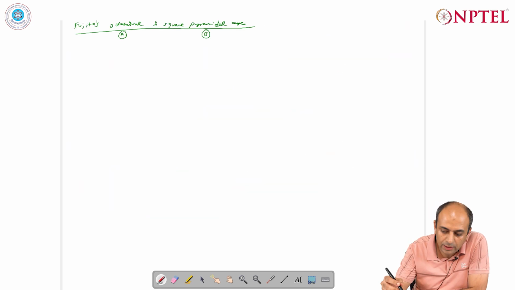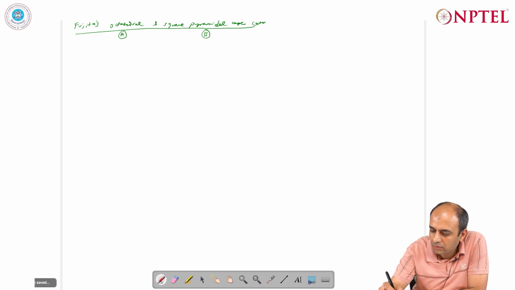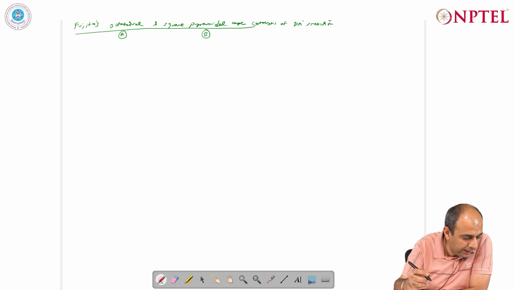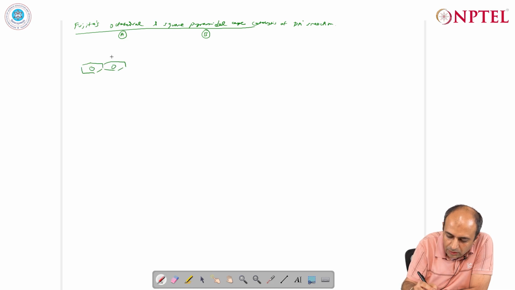So, Fujita's octahedral and square pyramidal cage were used for the catalysis of Diels Alder reaction, which is a very popular reaction in organic chemistry, and in this case the reaction is done in these molecular containers. So, let us look at this particular reaction where we have these substrates.